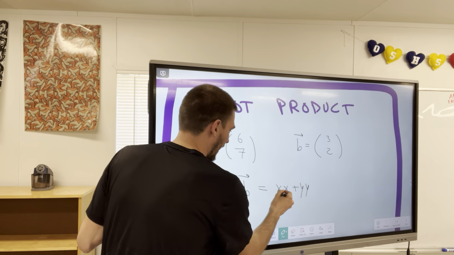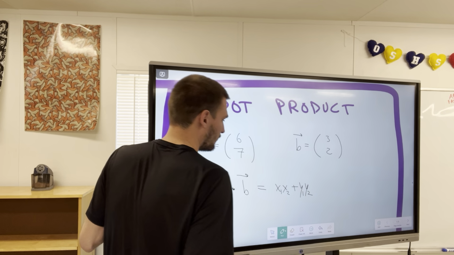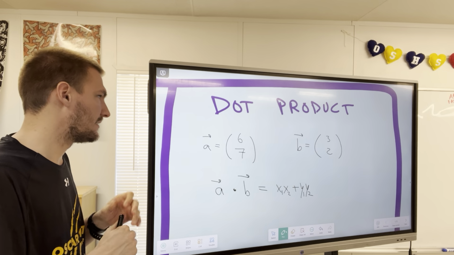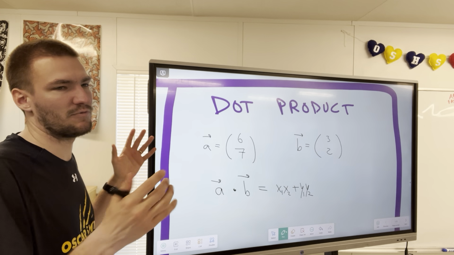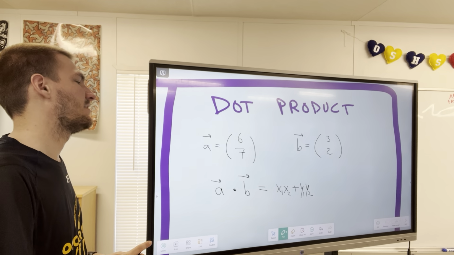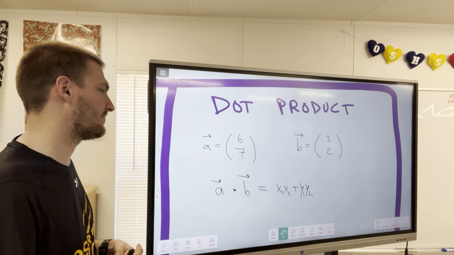That's x1 times x2 plus y1 times y2, right? If we want to be super good about it, we have to put those little 1s and 2s in there. But this is a really easy formula where you multiply the x's together and then add multiplying the y's together.